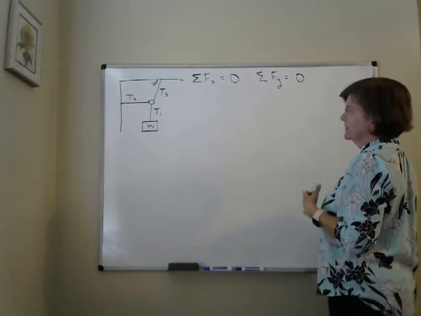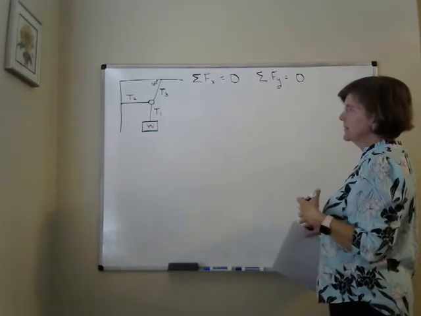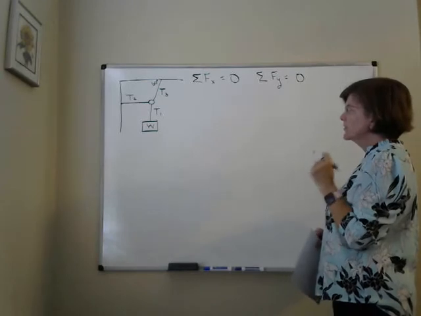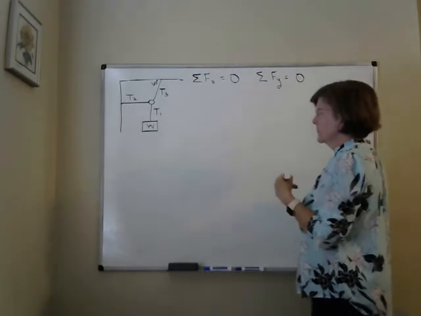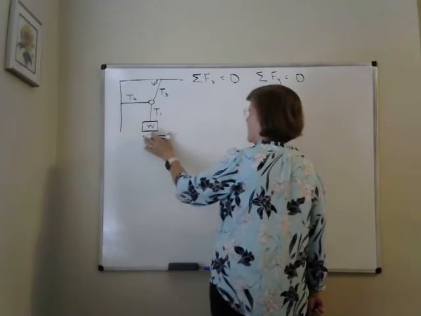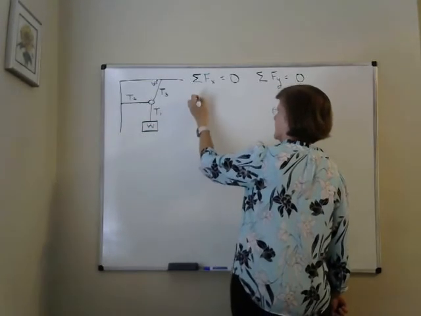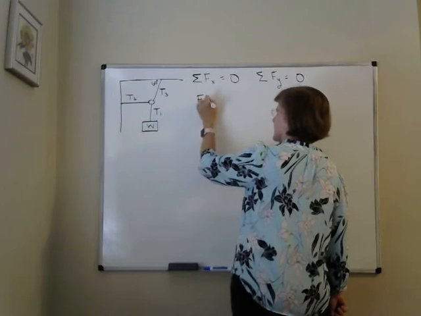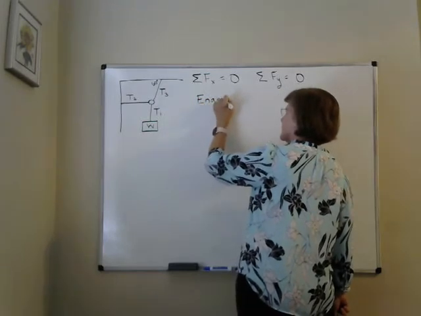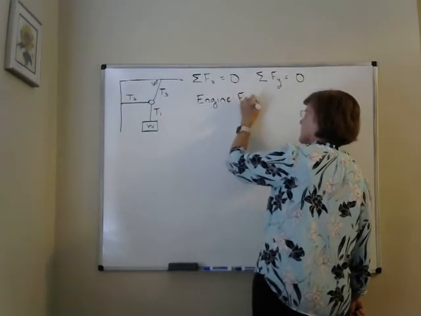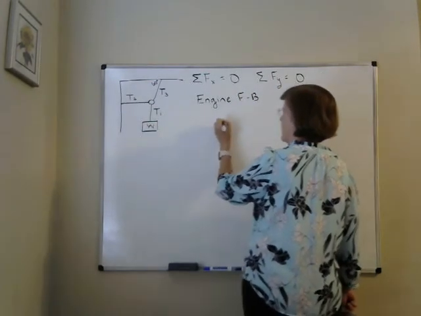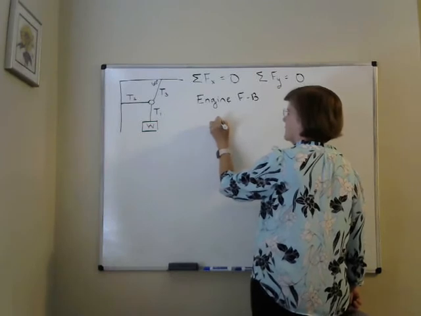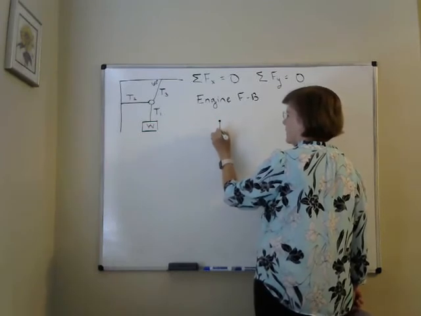All right. We really want to break this up into 2 parts. I'm going to draw 2 free body diagrams. The first free body diagram I'm going to draw is for the engine. If I look at the engine, which is this block right here, it has 2 forces acting on it.